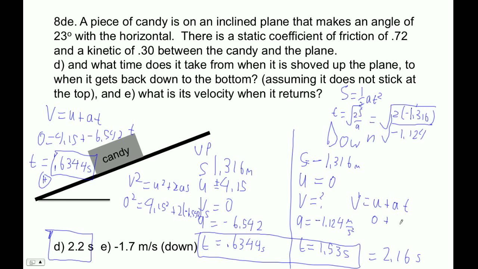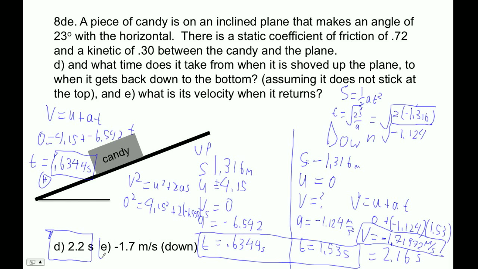So 0 plus negative 1.124 times this time, 1.53. 1.53 times negative 1.124, and I get negative 1.7129. So the final velocity is 1.72 meters per second.